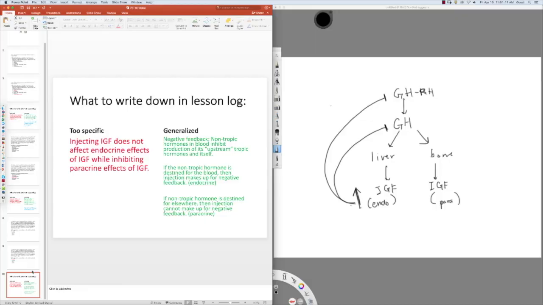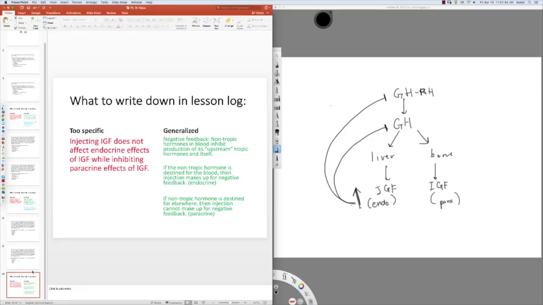And finally, if the non-tropic hormone is destined for elsewhere, then injection cannot make up for negative feedback, and that's the paracrine aspect. There is no other substitute. You can't substitute paracrine hormones with injected hormones, because the injected hormones will only reside in the blood and be counted towards the endocrine concentrations of the hormone.